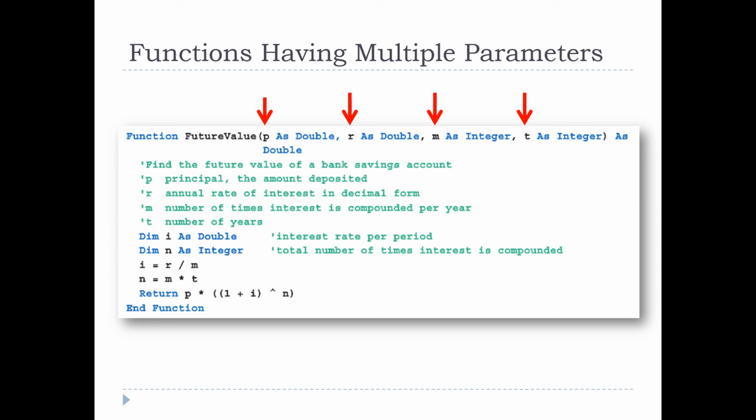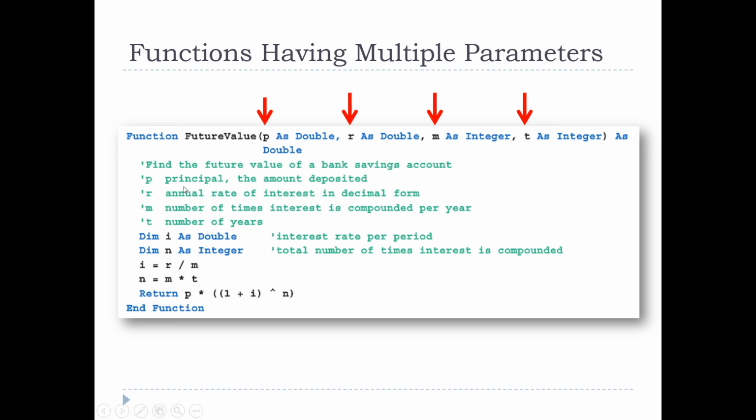So let's go a little bit further. Here you have 4 parameters. As you can see, each of those has to be declared separately, each with its own data type. The P is like the future value function, or some type of investment. P is double, R is double, M is integer, and T is integer.